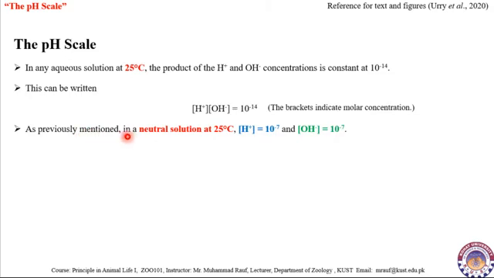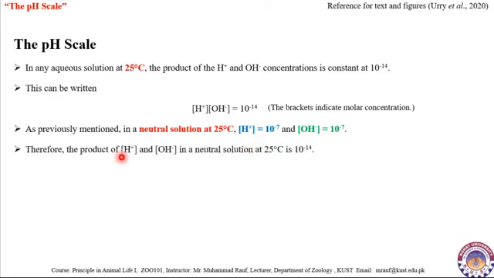As previously mentioned, in a neutral solution at 25 degrees centigrade, hydrogen is 10 raised to the power minus 7, hydroxyl is 10 raised to the power minus 7 too. So it means equal concentrations of hydrogen and hydroxyl ions, and the pH is neutral, or 7.